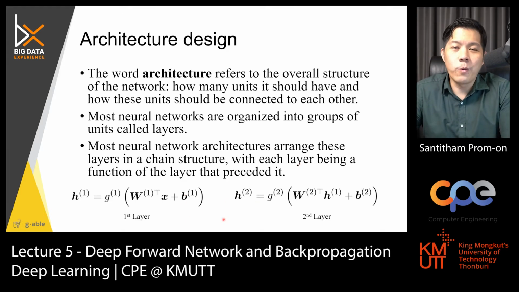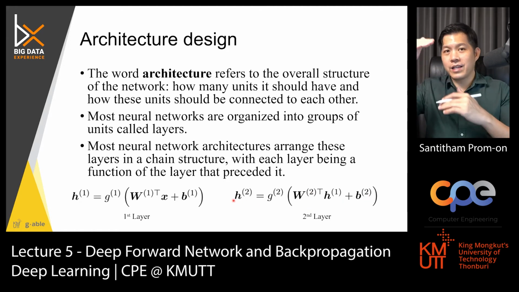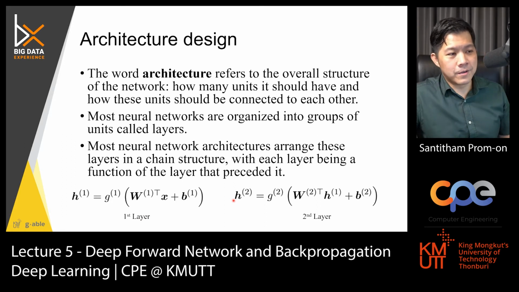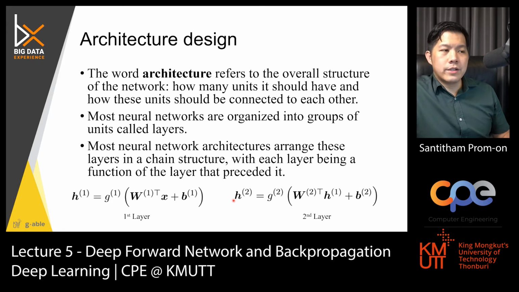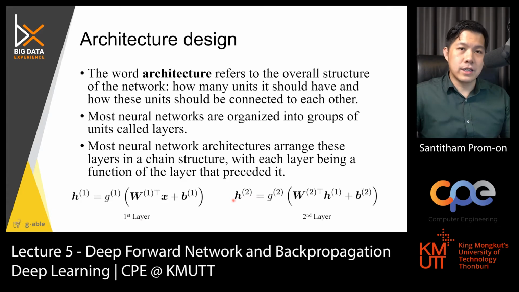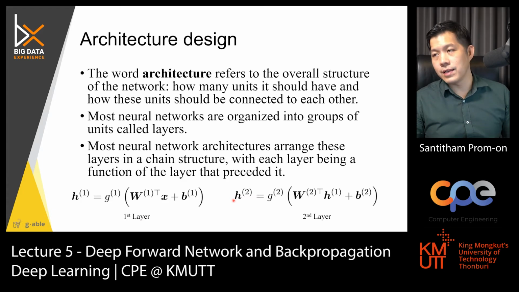We have the first layer, which receives input and computes H1, which acts as input to the second layer to produce H2. These are the architectural layers of the network, which in Keras and in TensorFlow you can arrange and build the model easily with.